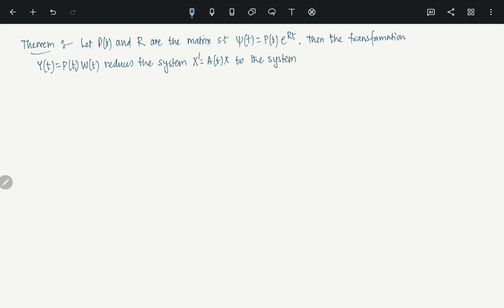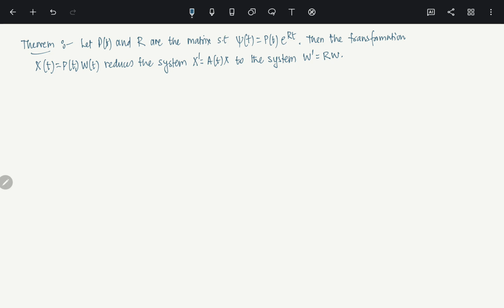I should write it as x of t, it will be better, otherwise I have to go through that y is the solution of that problem. So it reduces the system to w prime equals R times w. You see that the variable coefficient system actually gets reduced to a constant coefficient system.